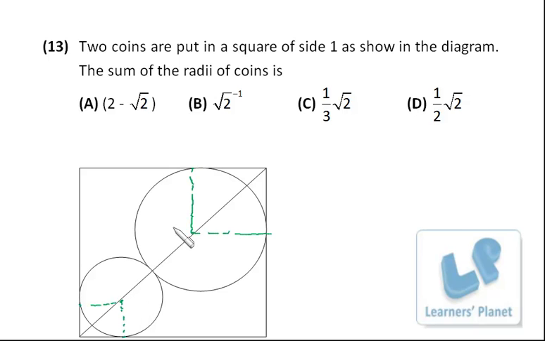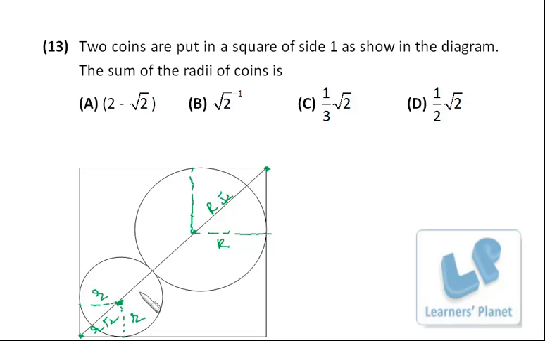Now this length is R, right? This length is also R, this length is R, this length will also be R. So this, from this point to this point, is the diagonal of this square, so this must be R root 2, right? Similarly, from this point to this point it is also r root 2.